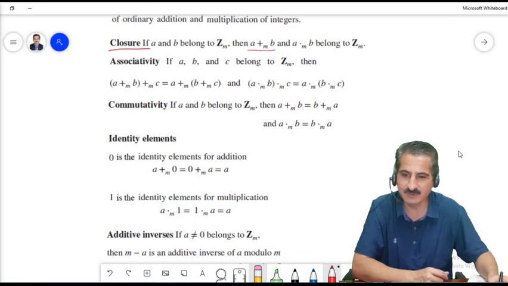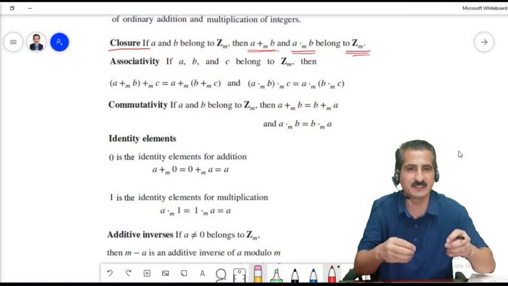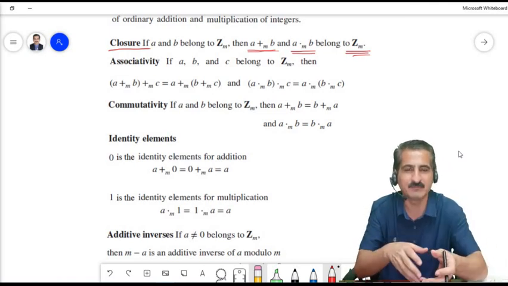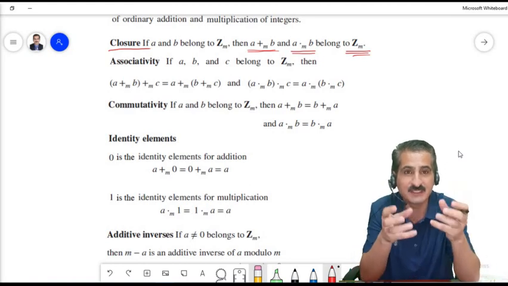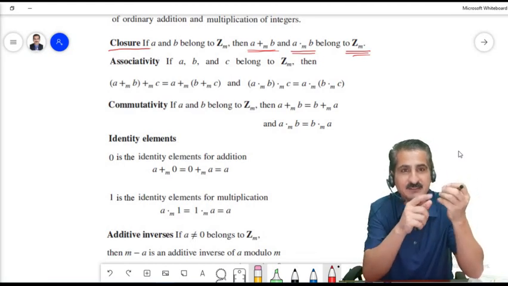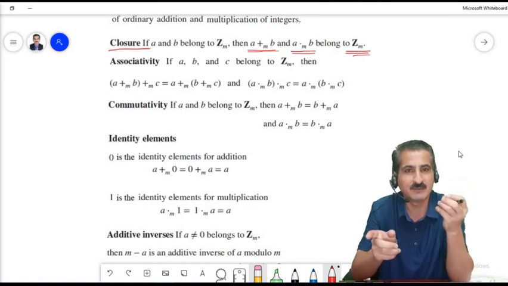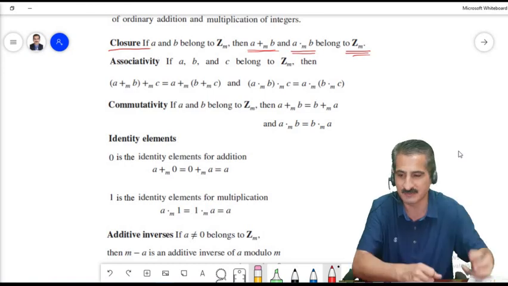If you take two integers, add them modulo m or multiply them modulo m, the result will be here, because the result is a new integer, and any integer has to be congruent to one of the numbers of Z_m: 0, 1, 2, all the way to m minus 1. So it is closed under addition and multiplication.